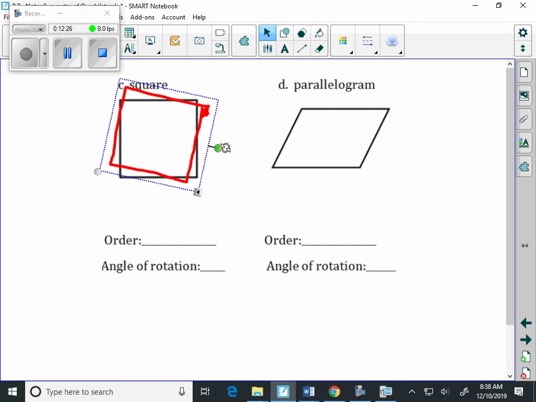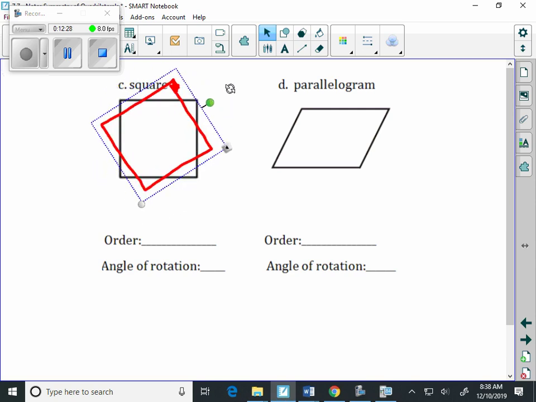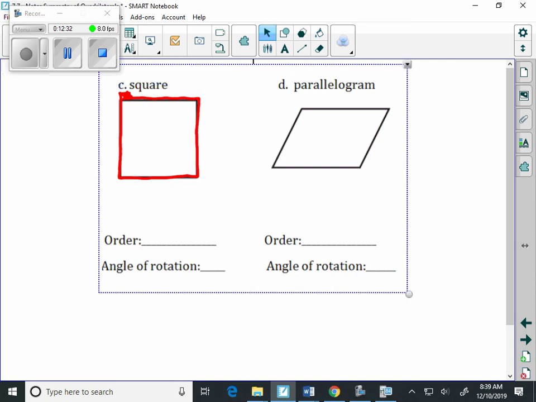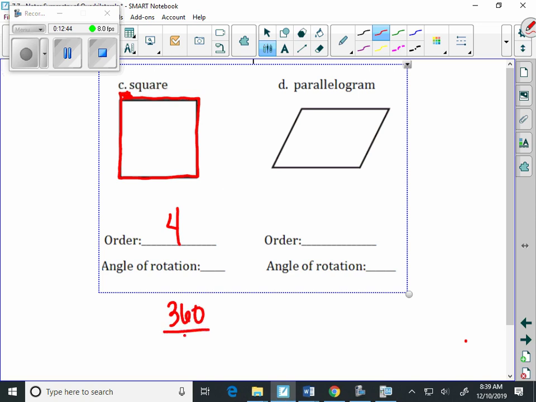We landed on it again. We landed on it. We landed on it. In other words, every single time that we turn here, all 4 times, we landed on it. And to figure out the angle of rotation, we're going to take 360 divided by 4. And 360 divided by 4 is 90.